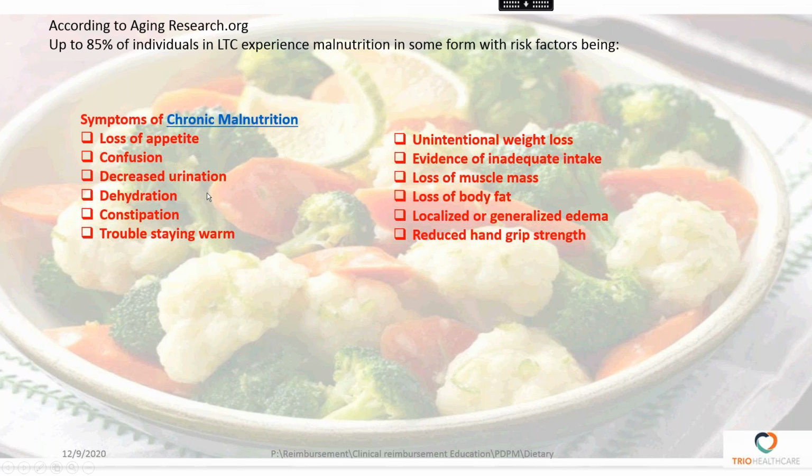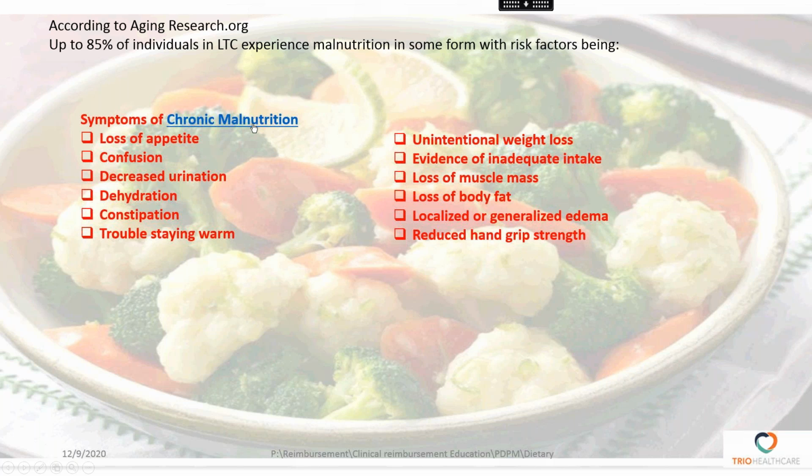So when people are not voiding as much, many people are not associating that with the potential for it to be malnutrition. Inadequate intake, loss of muscle mass and body fat, things that dietitians would be aware of, therapists might be aware of, reduced hand grip strength, localized or generalized edema.